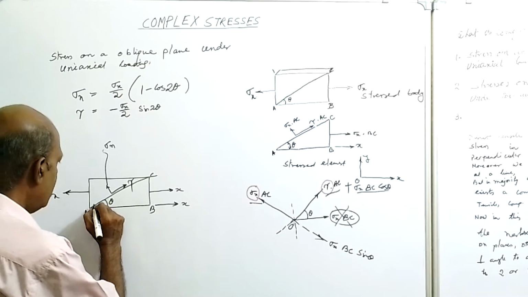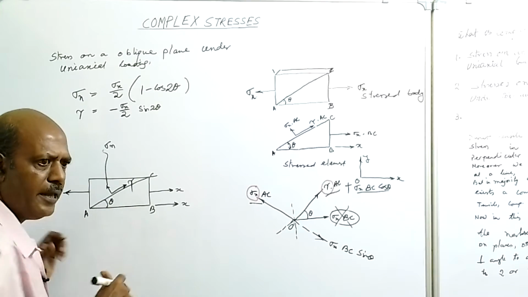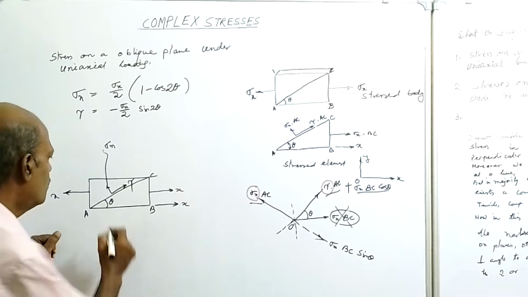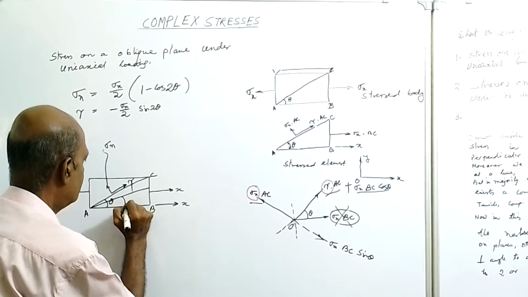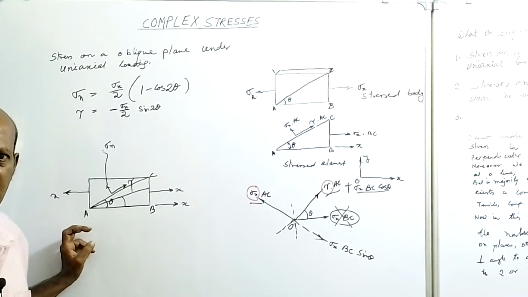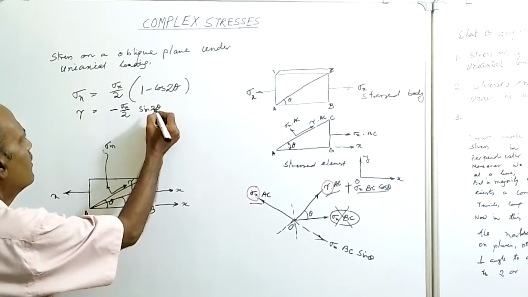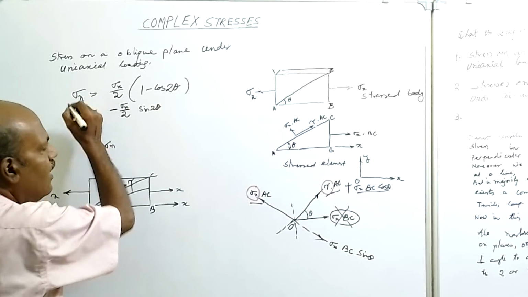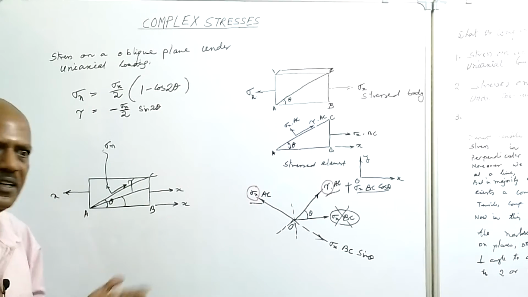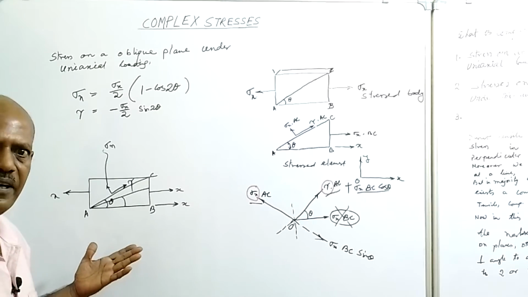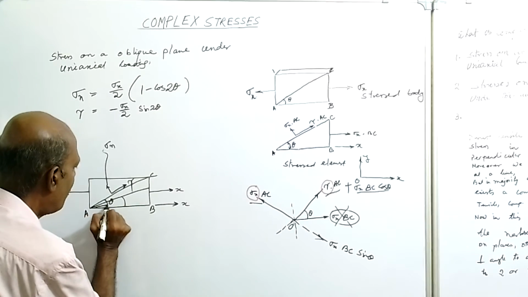Now if we consider another plane, that is, if we vary the angle theta, the theta value changes, and this will affect the intensity of stresses. So the intensity of stresses will vary at every inclined plane.